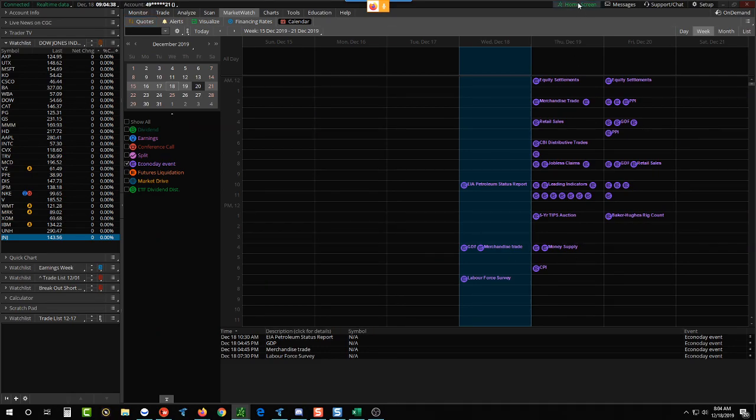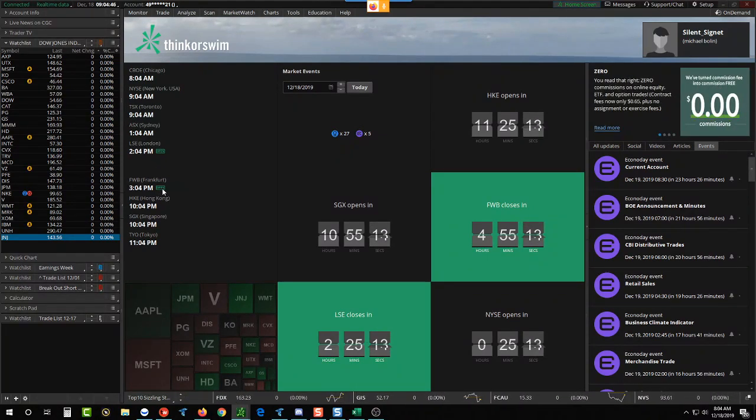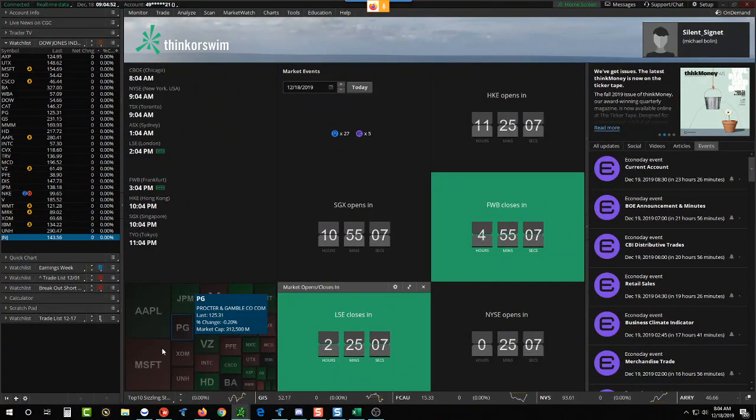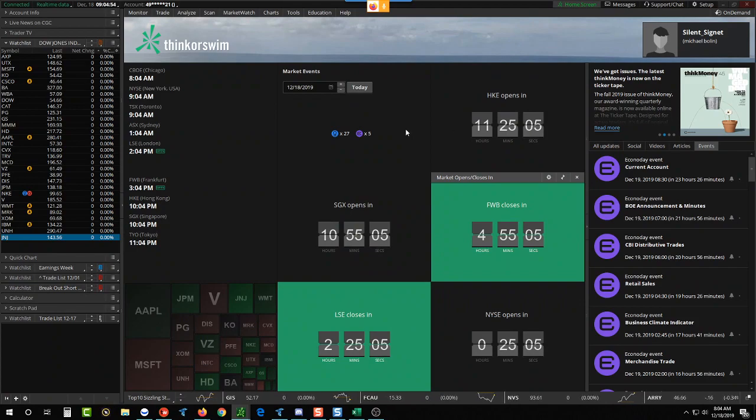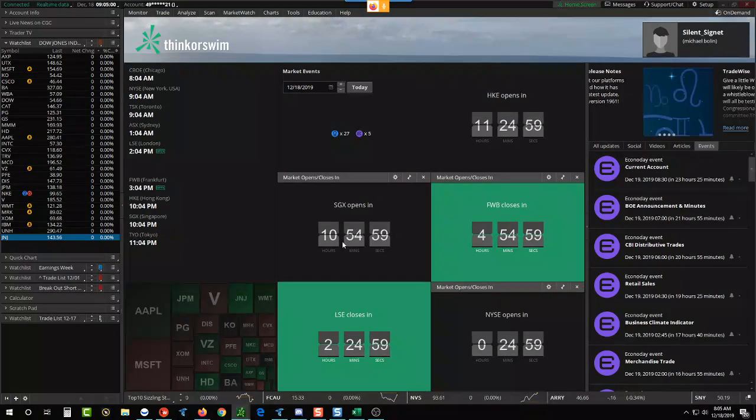On Thinkorswim from your home screen, you can see the different time zones and you can identify when their markets are open. You can set a clock, a countdown to see when that ends. This is an often overlooked portion of the Thinkorswim platform. You can set watch lists in here and heat maps.